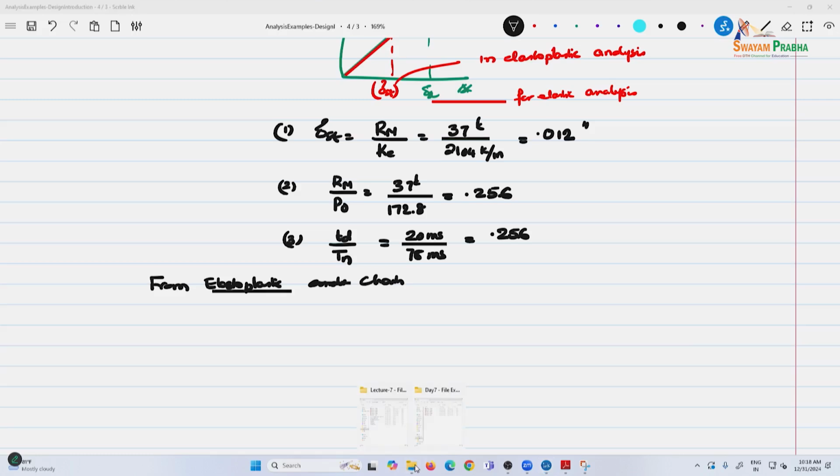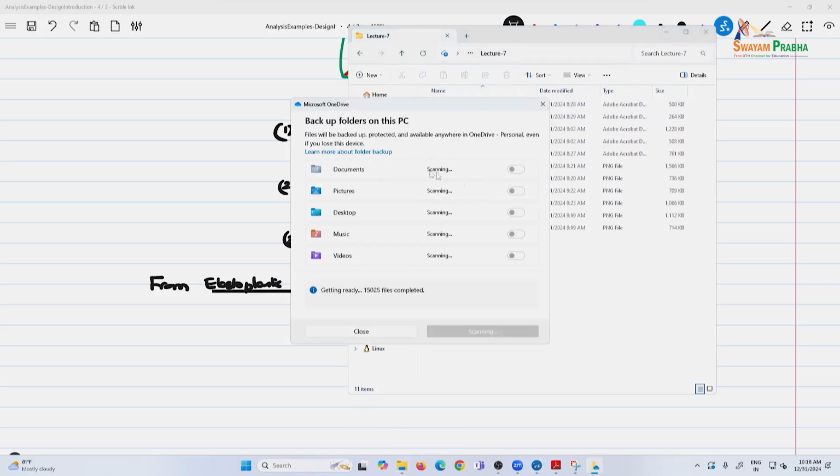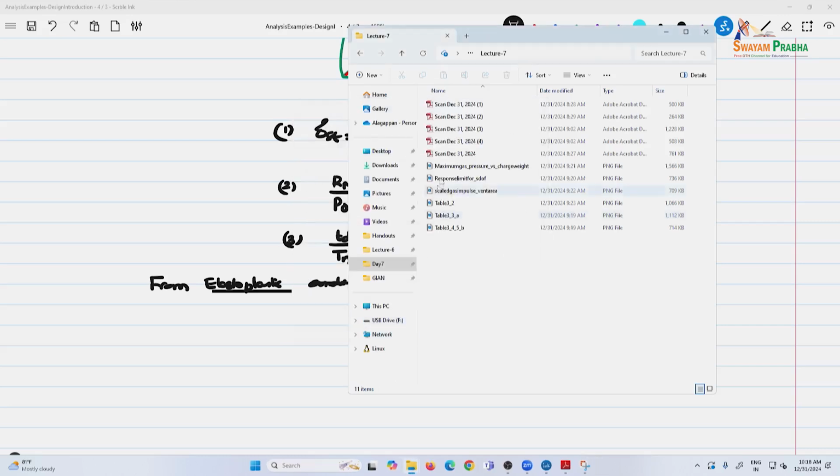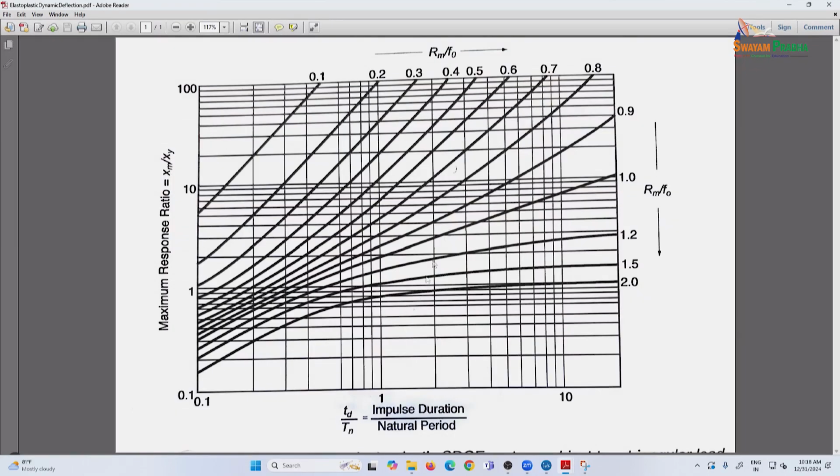So, Td by Tn is 0.256, and Rm by P naught is 0.216, okay.